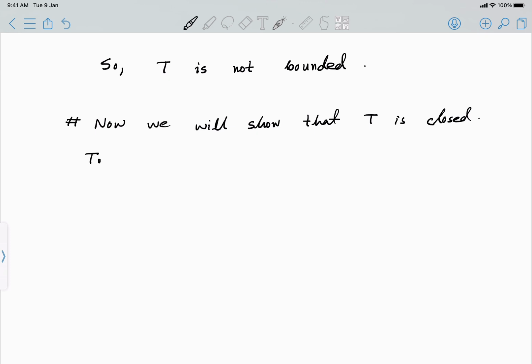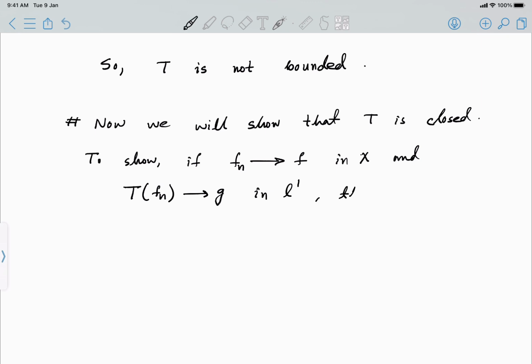So to show, if Fn is a sequence from X, suppose Fn converges to F in X and T of Fn converges to G in L1, because T maps from X to L1, then T of F equals G, that we have to show.